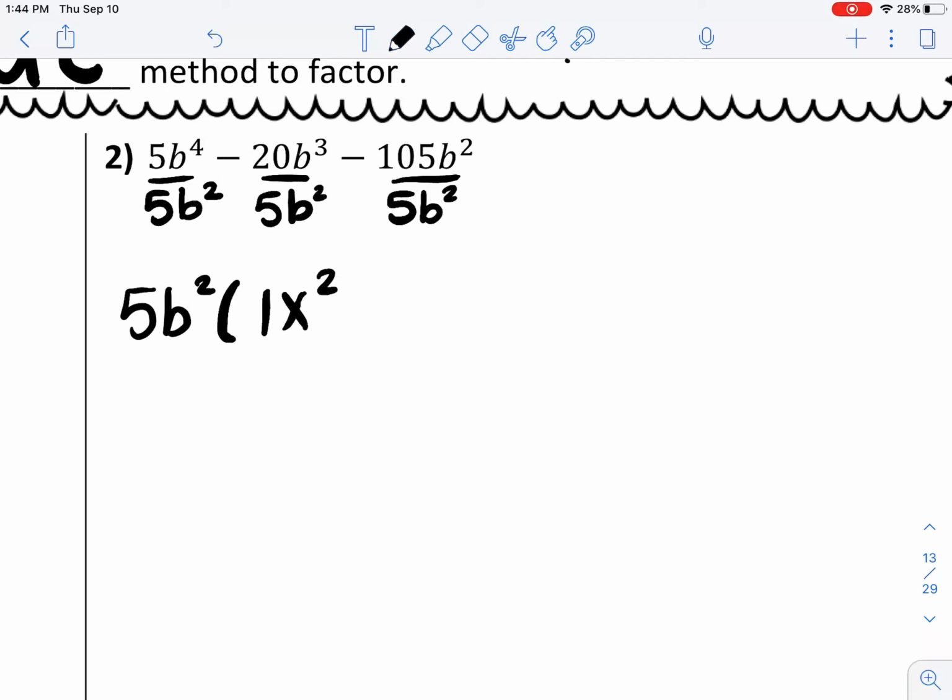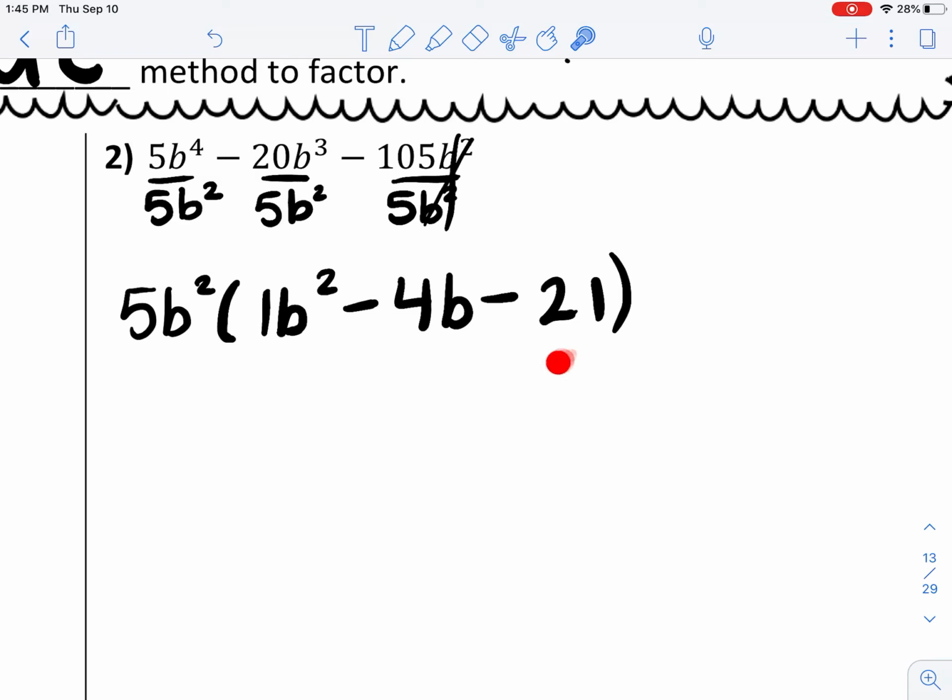So I have 1b squared, minus 20 divided by 5 is 4, and b cubed divided by b squared is just b, minus 105 divided by 5, I think it's 21. Okay, so that's 21, and the b squareds cancel. So that was step 1, finding the GCF.